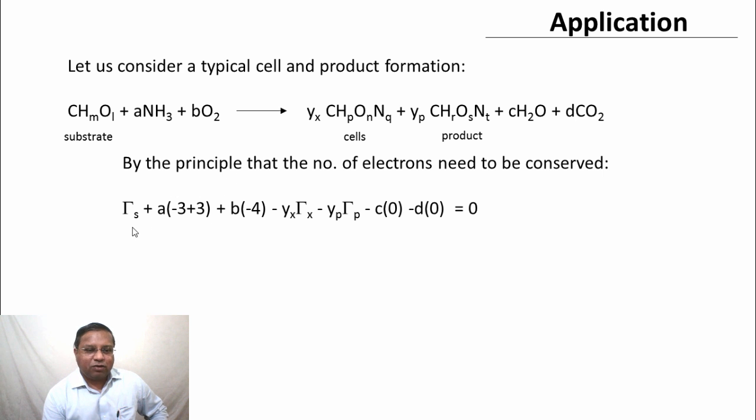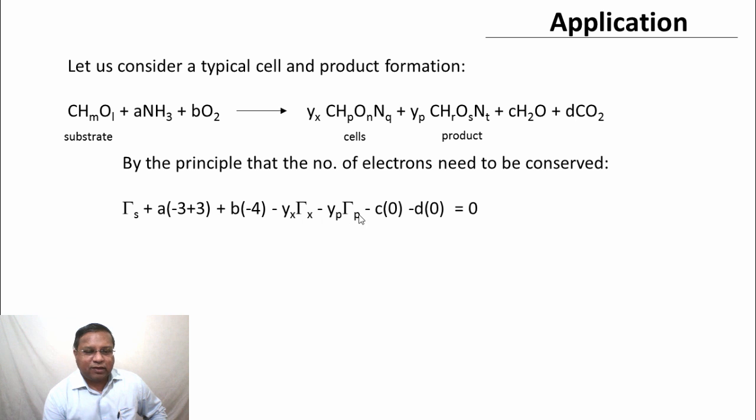So gamma of S, the substrate, plus the gamma of ammonia into A, because that's a stoichiometric coefficient here, A times minus 3 for N plus 3 for hydrogen, plus B times minus 4.